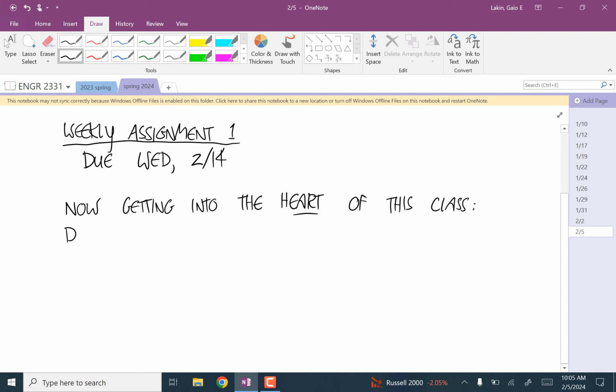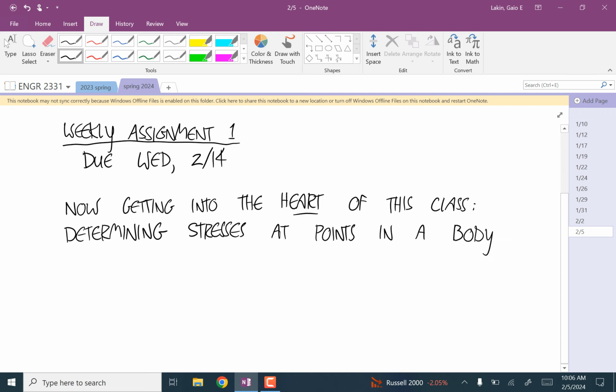And that's determining the stresses at points in a body from the external loads.